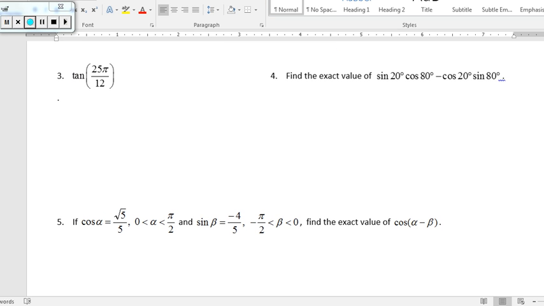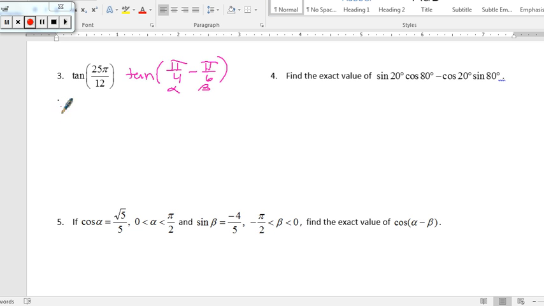So we had decided that we're going to find the tangent of pi over 4 minus pi over 6. So we are looking at the last formula over on the right side here, tangent of alpha minus beta. Pi over 4 is alpha, pi over 6 is beta.